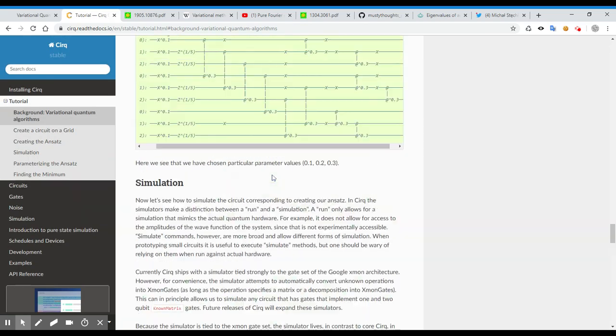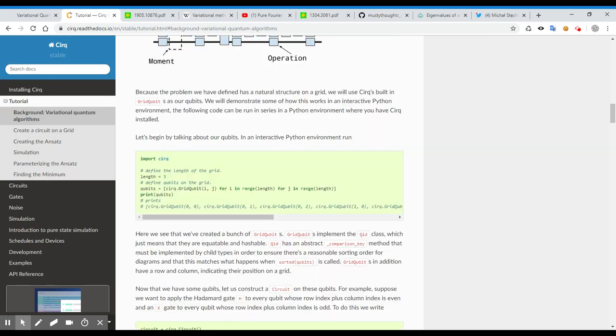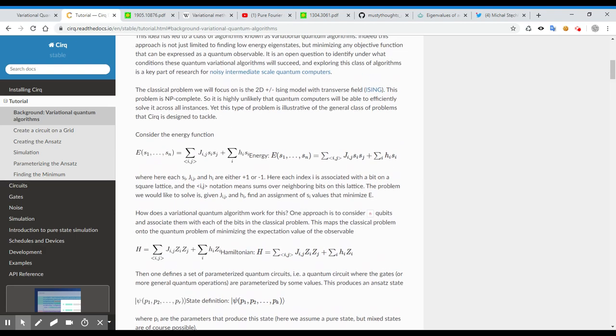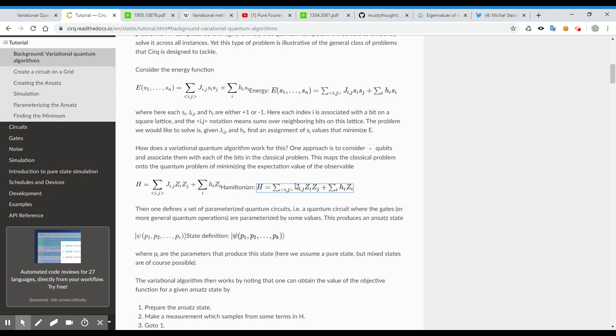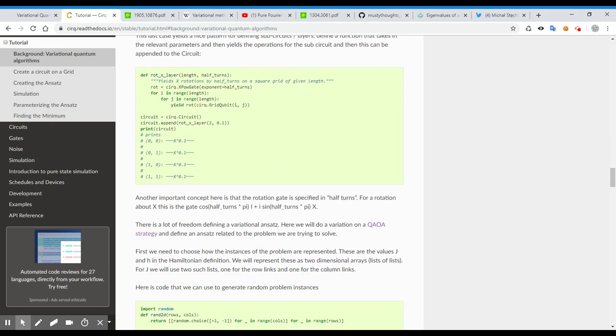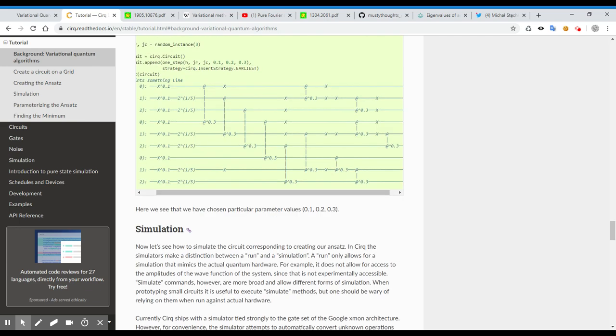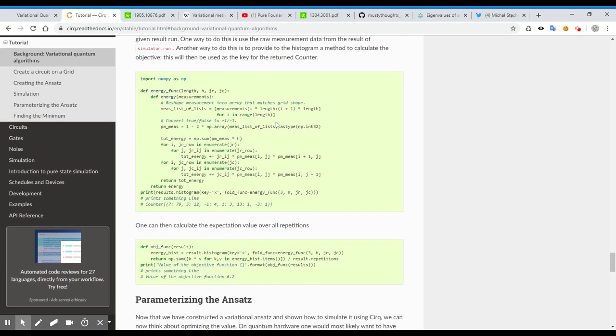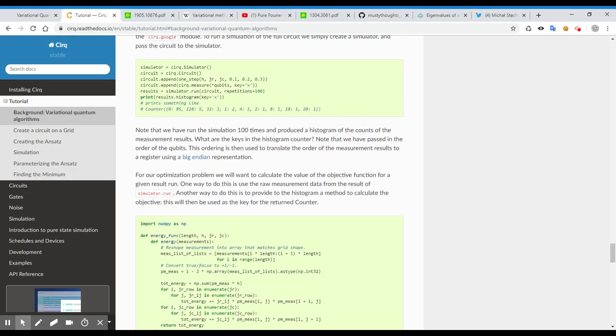It's adding these terms times H, which is the influence, if I remember well. The energy function, the total energy. Yeah, something like that. Measurement results.